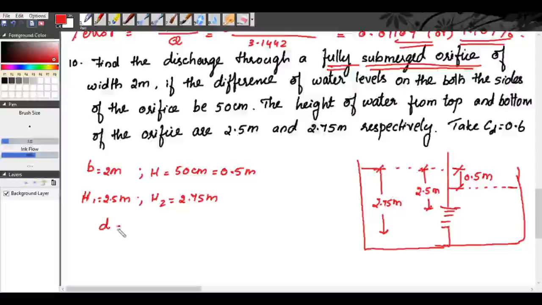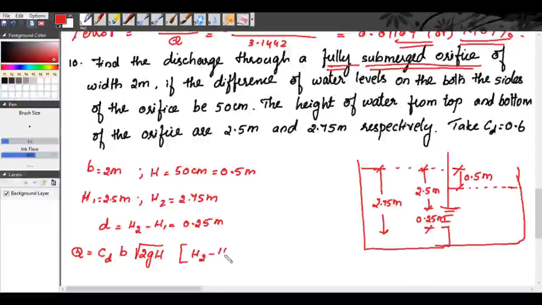That means the depth of the orifice will be equal to H2 minus H1, so the depth of the orifice is 0.25 meter. We know the formula for discharge for a fully submerged orifice: Q is equal to CD into B into root of 2gH multiplied by H2 minus H1.